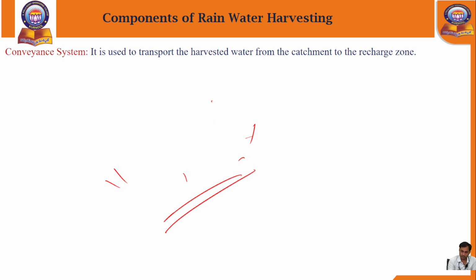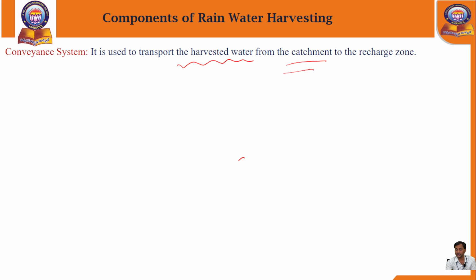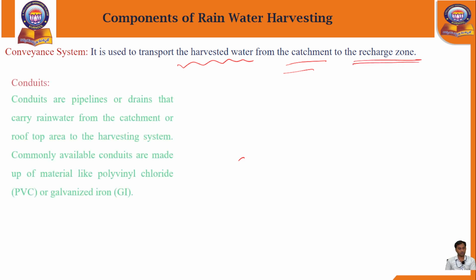The conveyance system is used to transport the harvested water from the catchment area to the recharge zone. The example of a conveyance system is the conduits, which are pipelines or drains.